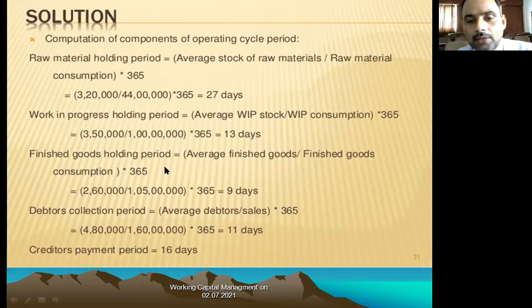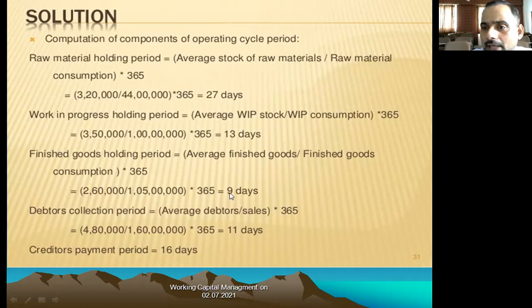The finished goods holding period equals the average finished goods divided by the cost of goods sold, multiplied by 365 days. It will be 2 lakhs 60,000 of average finished goods. How do you calculate the average finished goods? We take the opening balance and the closing balance of the finished goods and divide by two. On that basis we calculate the average finished goods, and it will be 9 days.